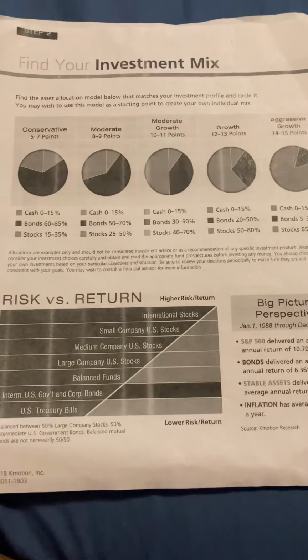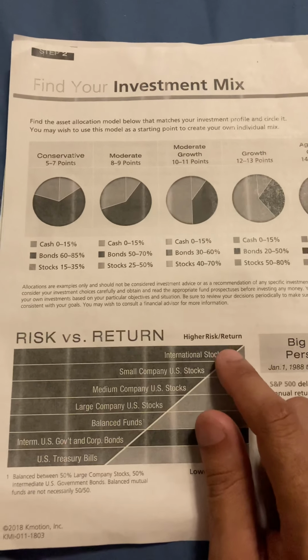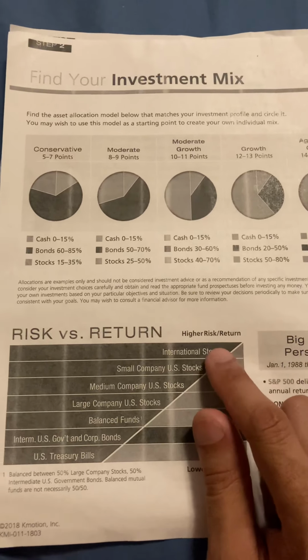So next up is the risk versus return. International stocks are the highest risk because, again, they're not major markets, and these are really non-US stocks, so they carry greater risk, but they can also carry greater returns.